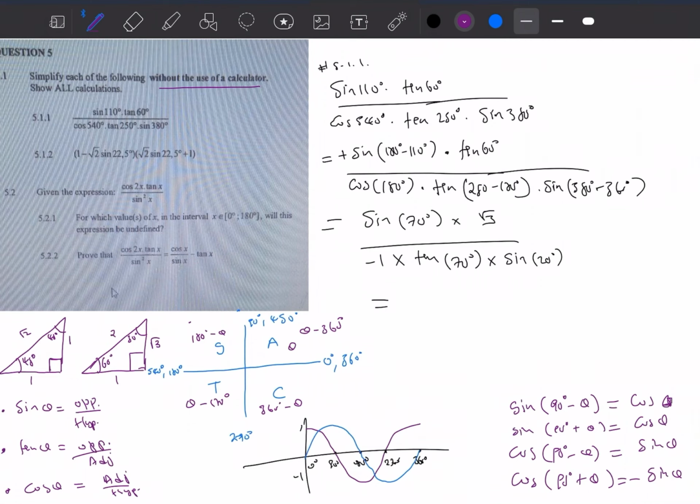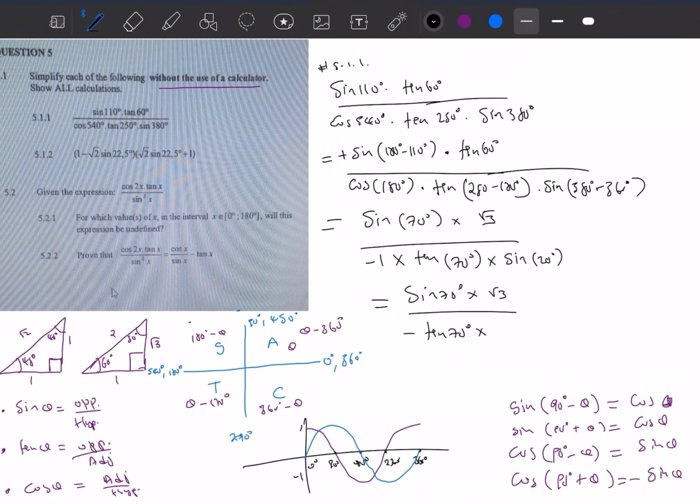So technically you have sine. We can just write sine 70 degrees the way it is, times root 3. You have minus tan 70 degrees times, and we can change this sine 20 to cos, right?